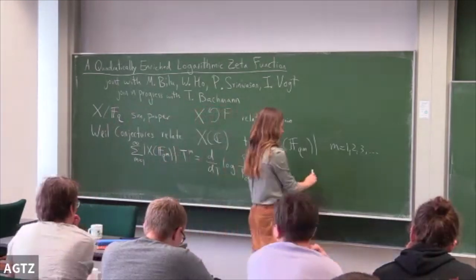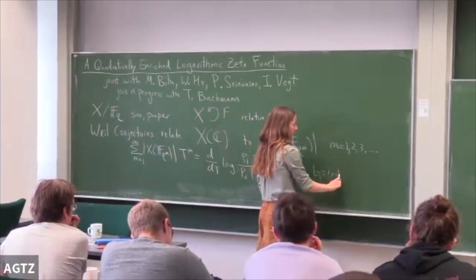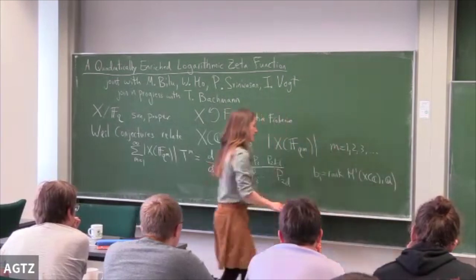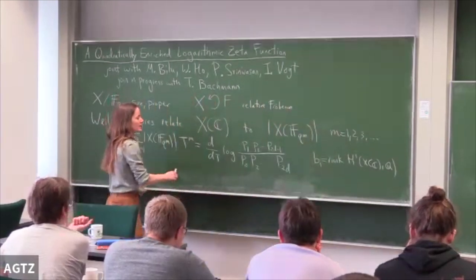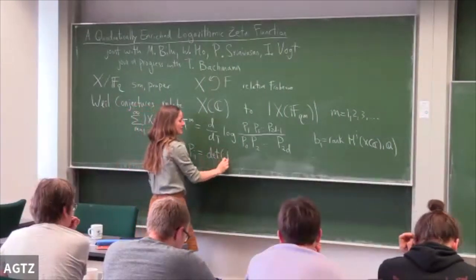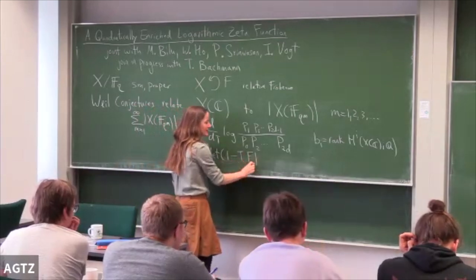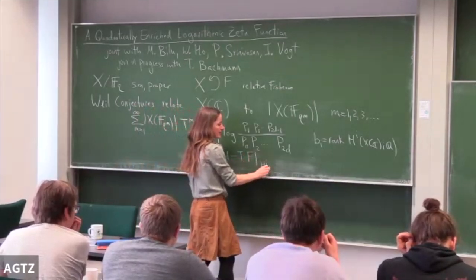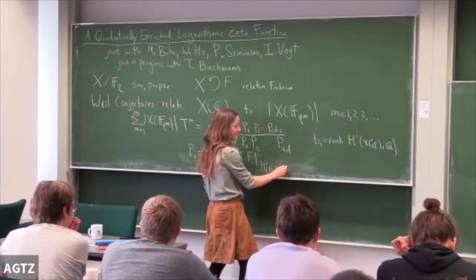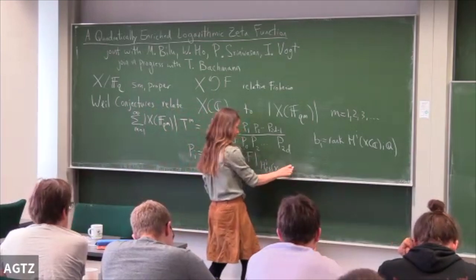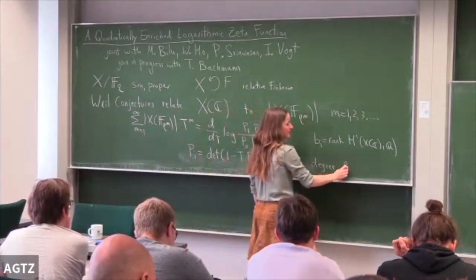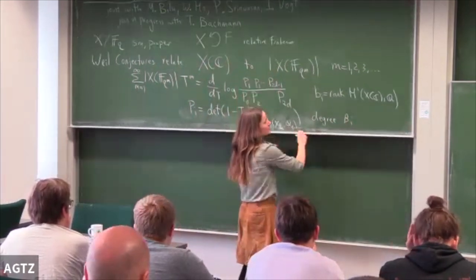So let's let b_i be the rank of H^i(X_C, Q), the Betti number, and then p_i is the characteristic polynomial of the Frobenius acting on the ith étale cohomology and has degree b_i.